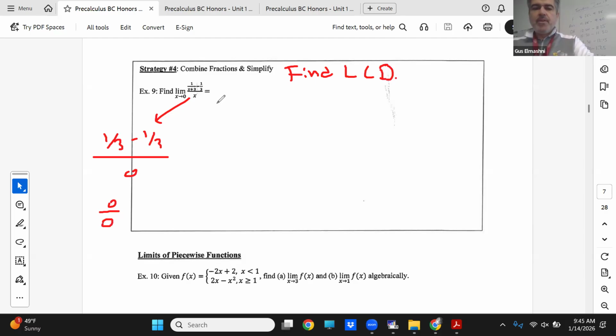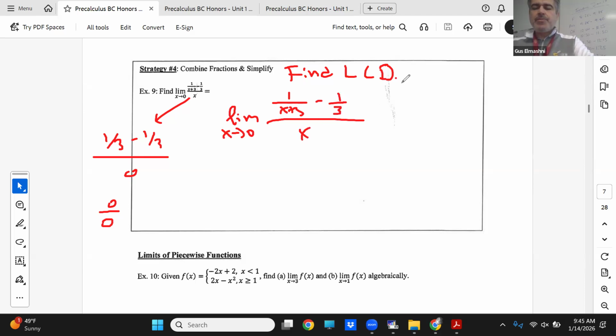No good, right? So instead, I'm going to find my LCD. What is my LCD? Yes, 3 times x plus 3.